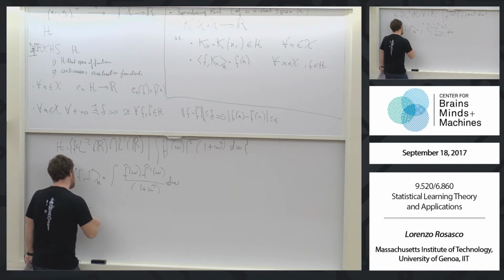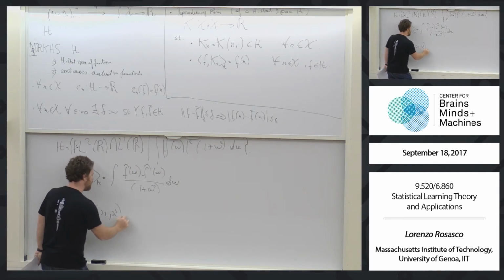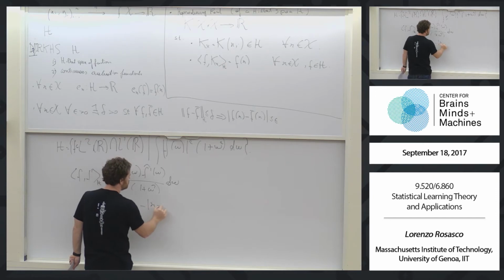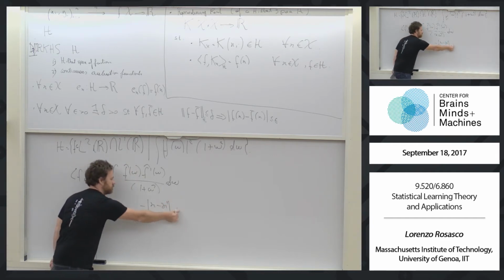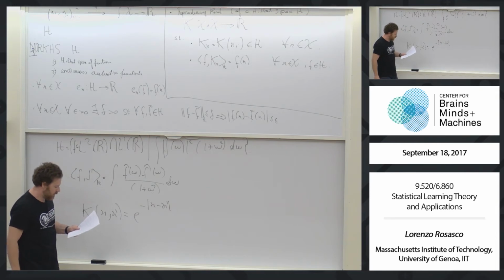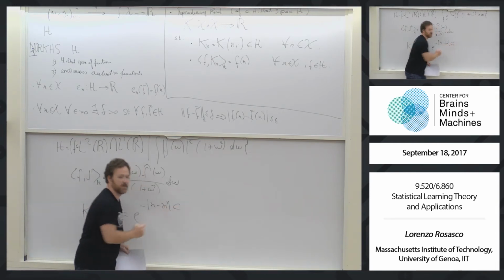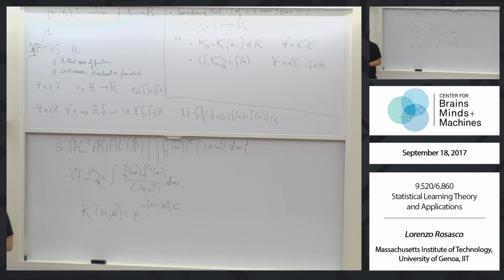Now, again, this can be shown to be the kernel k(x, x prime), which is just the exponential, or some appropriate constant here again. So similar, so let's see what we did.